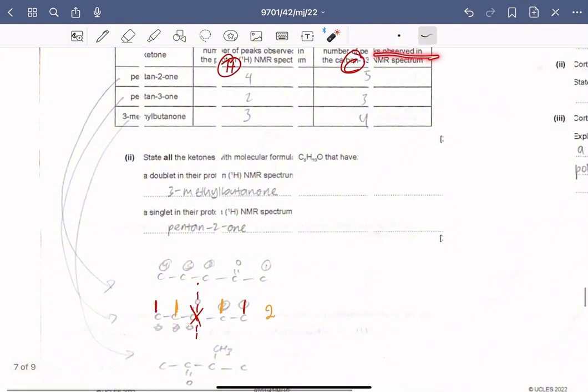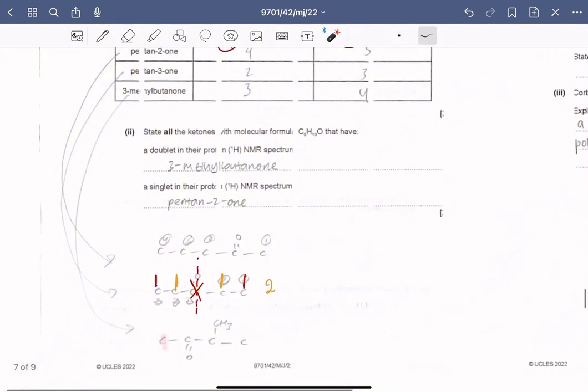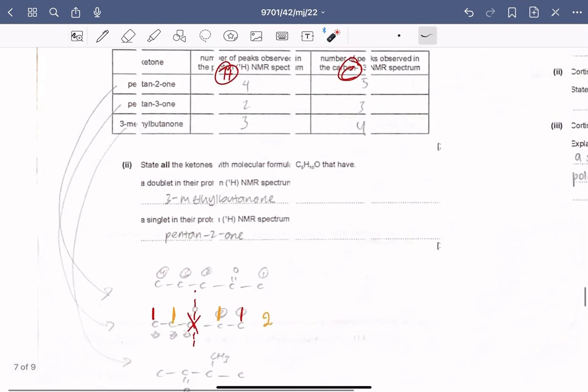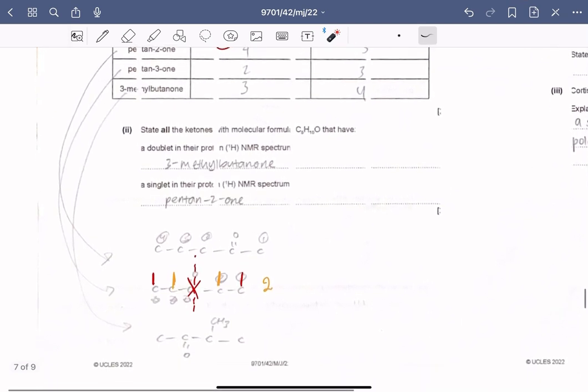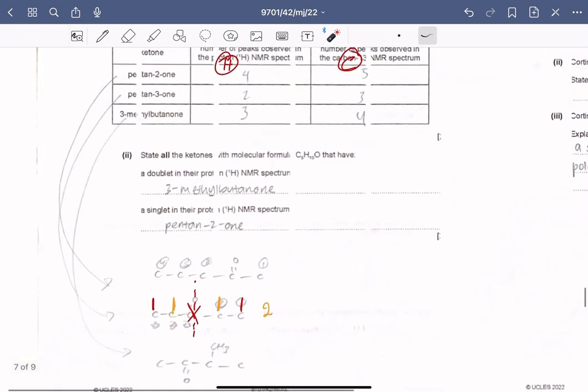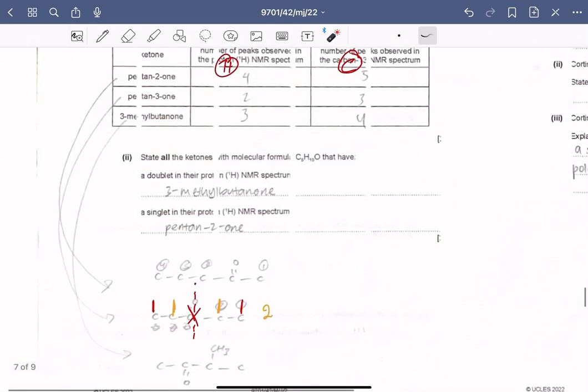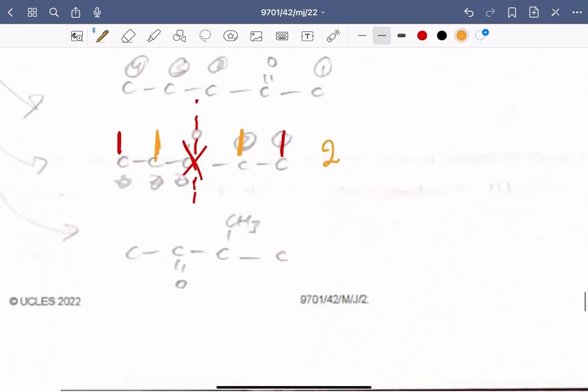Therefore, the number of peaks observed for carbon is actually, you would assume that there are 5. I almost got it mixed up. But then there are actually only 4 different carbon environments.